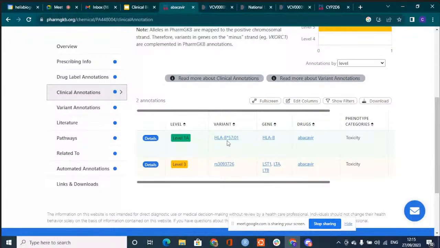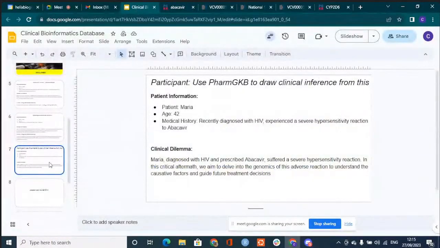So it's HLA-B 5701, a particular type of HLA. HLA molecules can bind to these drugs and induce an immune response.